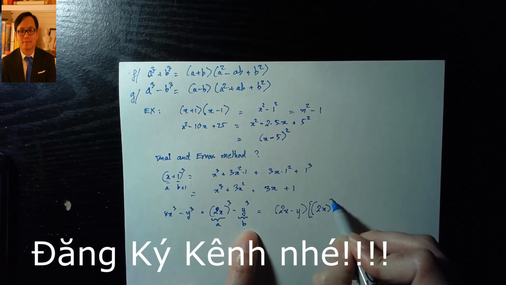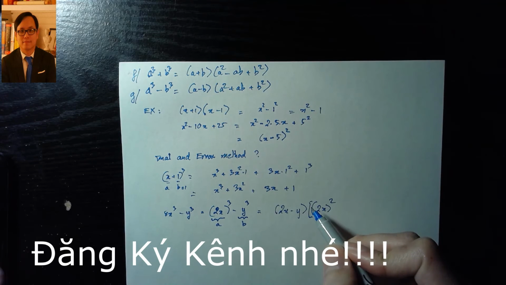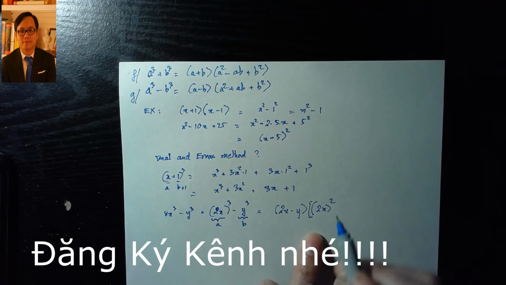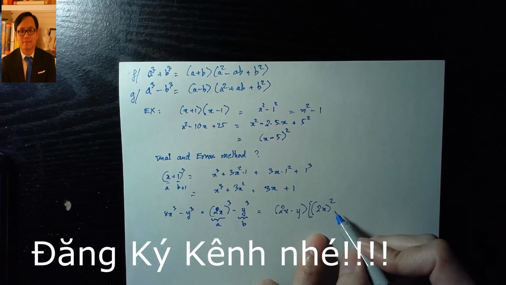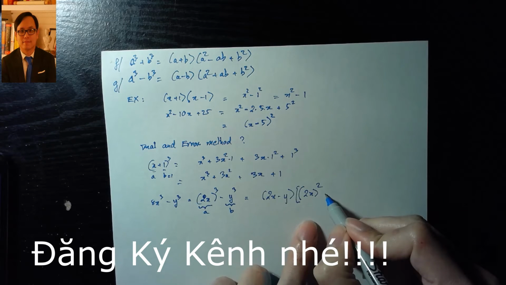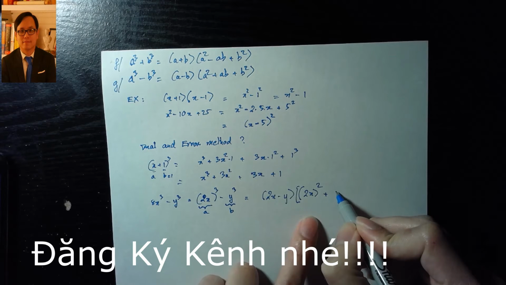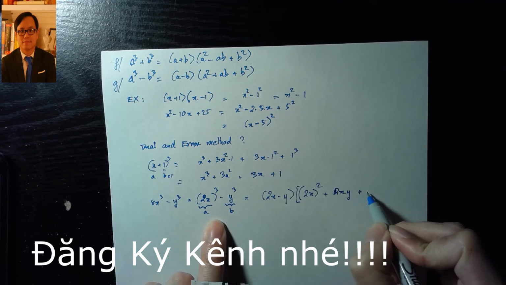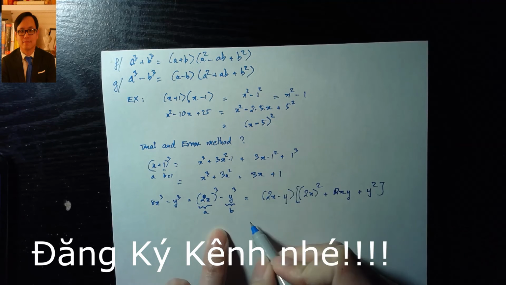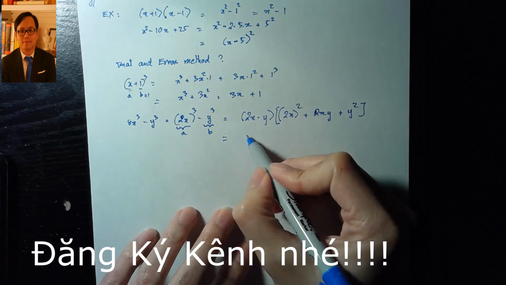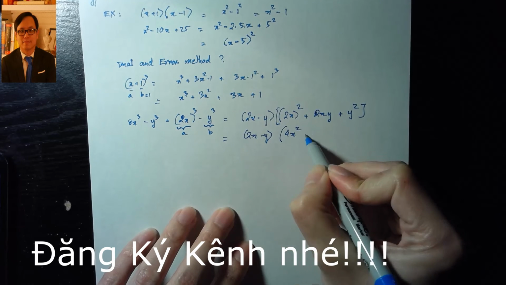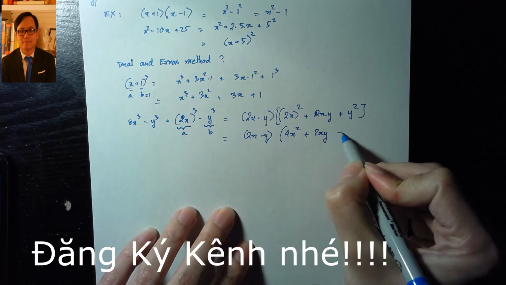Okay, so I'm going to use the bracket over here. I have to open the square bracket here, I do it slowly so that you can see. Plus ab, that is 2x times y, plus b squared. So this can be rewritten as 2x minus y, parentheses, 4x squared plus 2xy plus y squared.